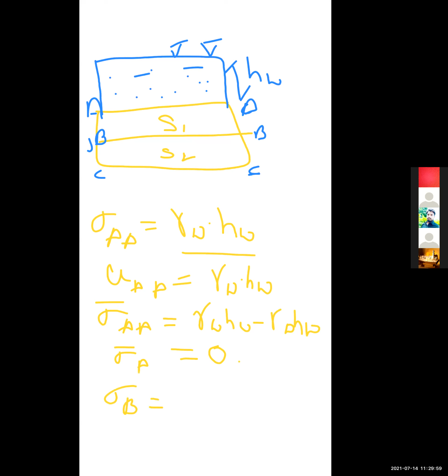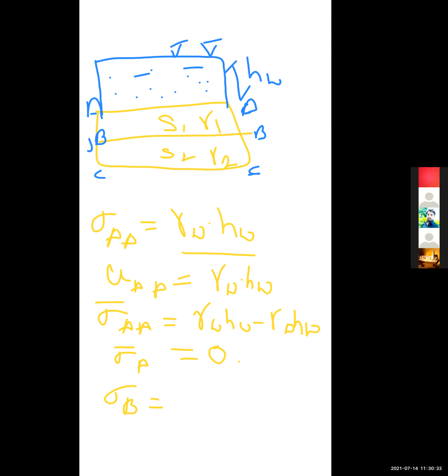Total stress at B, how much? The soil condition is also given here, gamma 1 and gamma 2 in saturated condition. Ma'am, the height from A to B is not given.